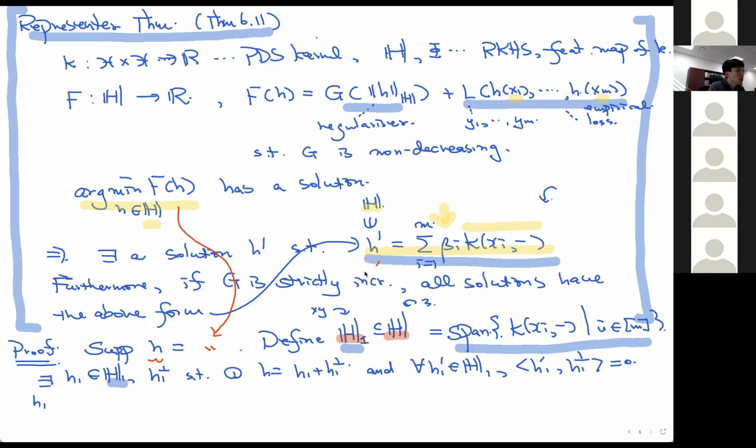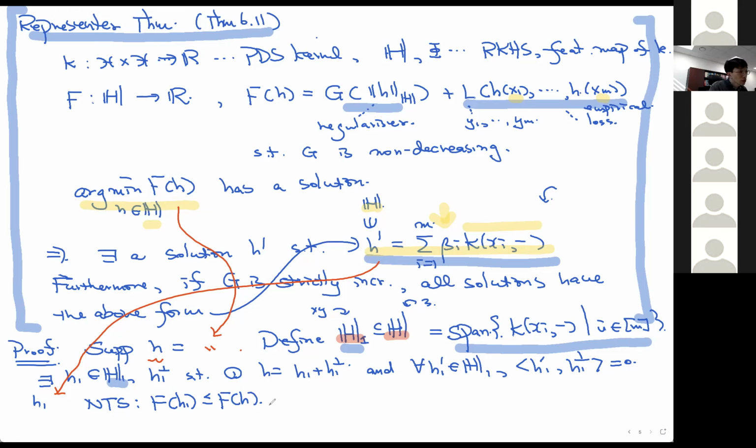It looks a bit messy, but H1 is exactly of that form. So all we need to show is that f of H1 is smaller than or equal to f of H. That's what we need to show. That implies H1 is also a solution of the optimization problem.